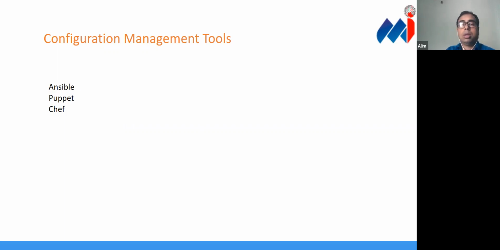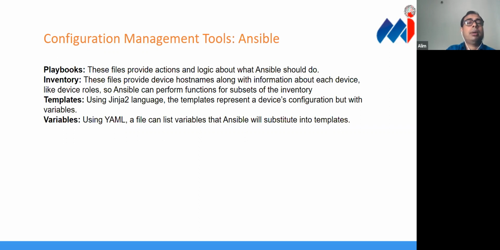In Ansible, how do they configure a device? It has playbooks. Playbooks means it has some actions or logic; what the configuration will do is mentioned in playbooks. And it has inventory. Inventory means, say you have 5 new switches, you mention those 5 new switches in the inventory. So when you run the Ansible script, those scripts will run on those 5 machines. Or you can mention thousands of devices in the inventory.